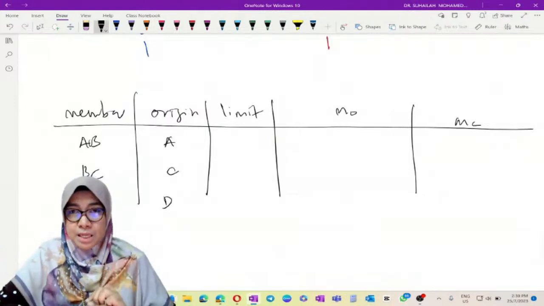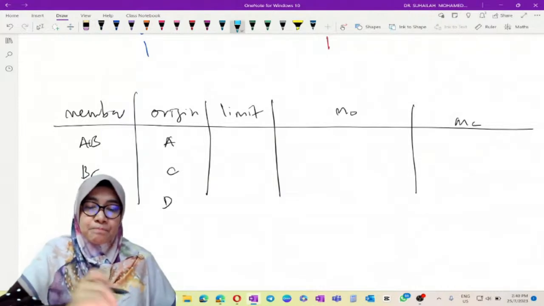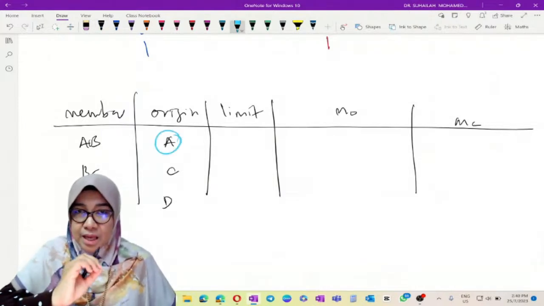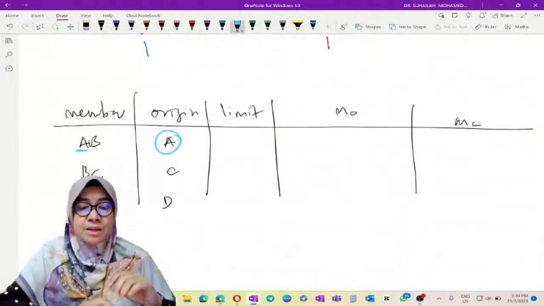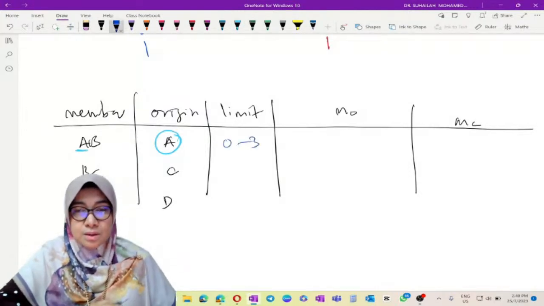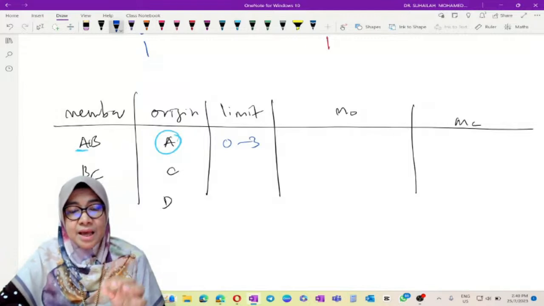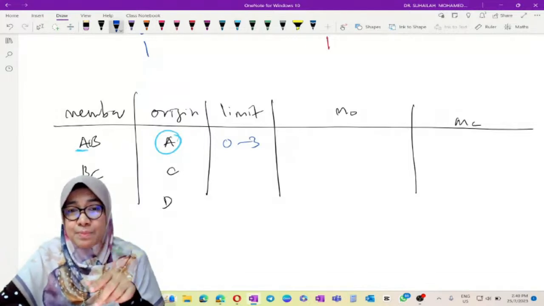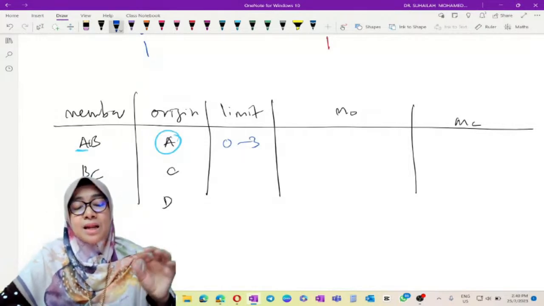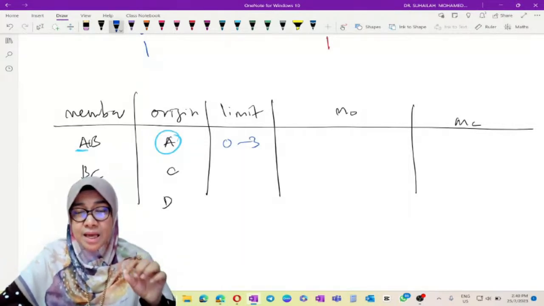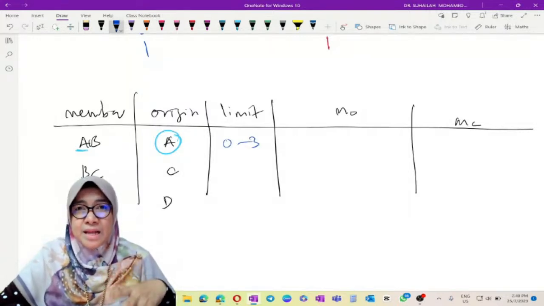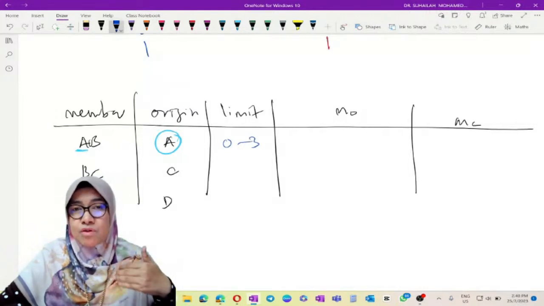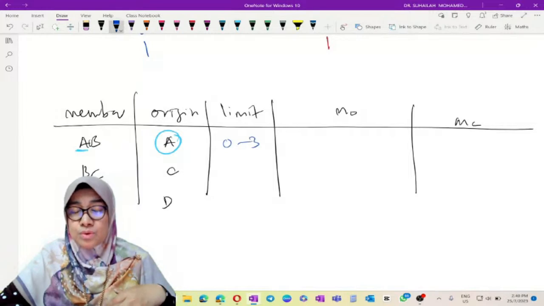For the limit, if the origin is A, for member AB the limit is 0 to 3, because member AB contains A and our origin is A. So the limit starts from 0, which means that at A, x is 0.